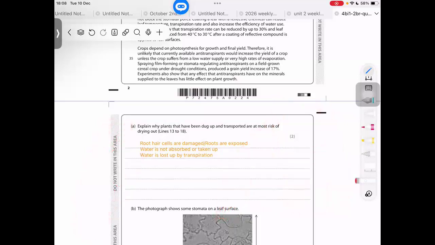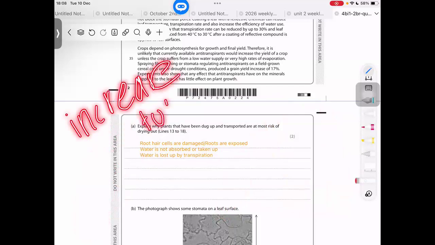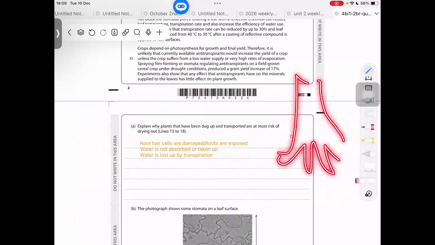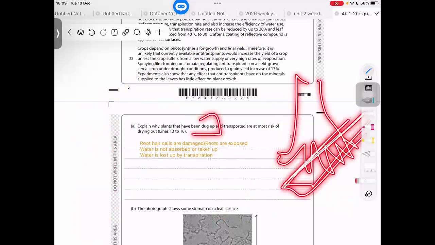So these root hair cells increase the surface area for water and nutrient absorption. Now when these trees are being uprooted like that, especially when they're being dug up using a shovel or something, what happens is these root hairs get damaged.